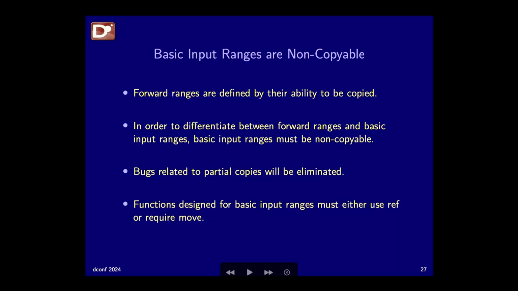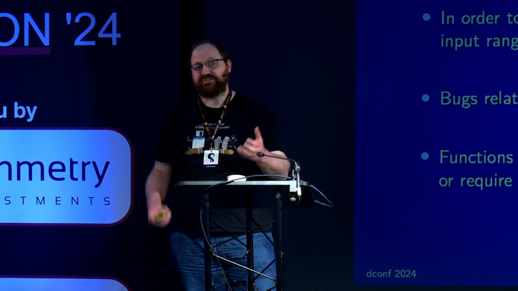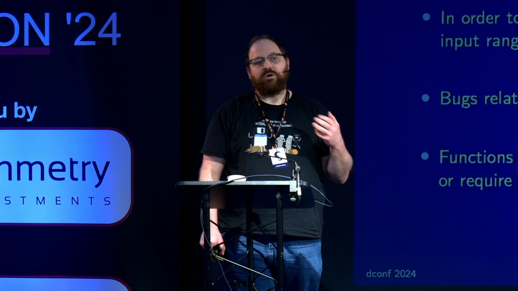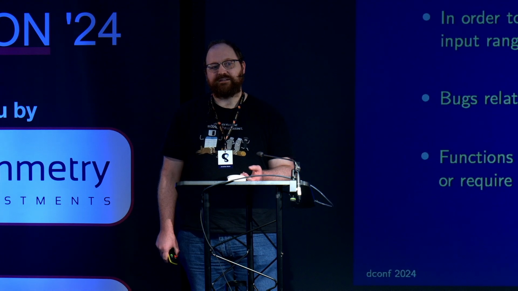So the decision was to make them non-copyable, which will be annoying in a number of cases, but for the most part, it's going to prevent bugs. This means that pretty much any function that's taking a basic input range is either going to need to take it by ref, at which point there is no copy and the semantics of that function are that it's mutating what you passed in, or you have to do an explicit move to pass it in to that function because it didn't take it by ref.